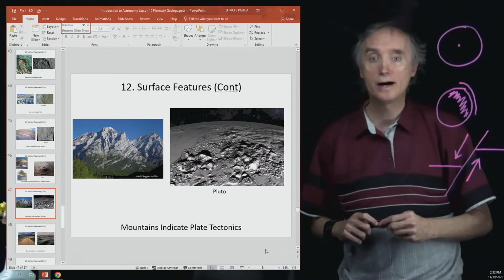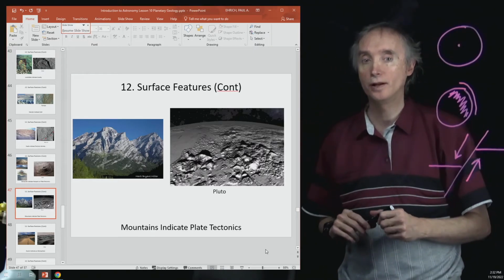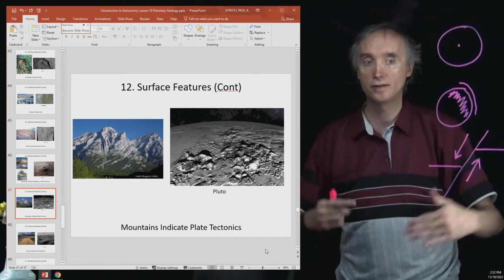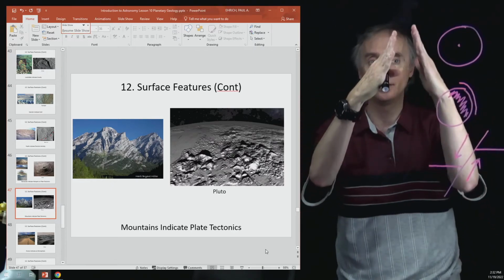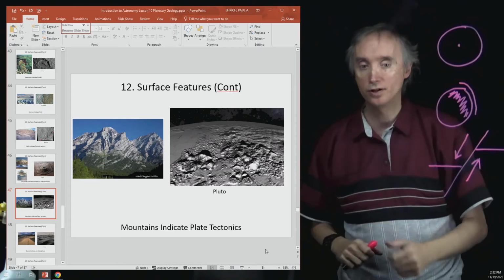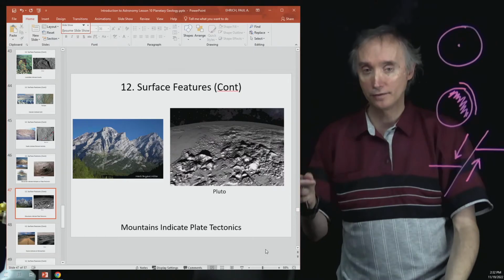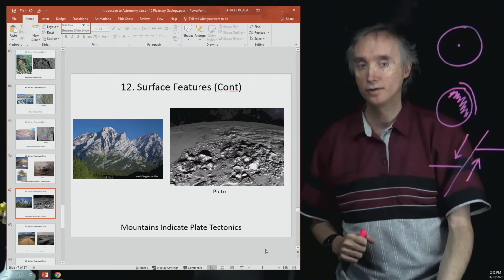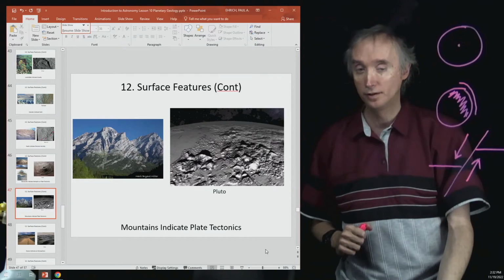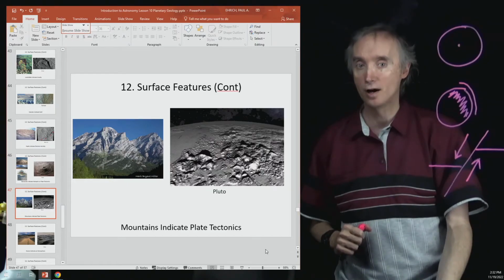Anytime that you find mountains, that's an indication of plate tectonics, because we said that where the plates go together and they push up, that's where you get your mountain systems from. On the left-hand side are some mountains on Earth, and then on the right-hand side you've got some mountains on Pluto, but they're not made of rock.